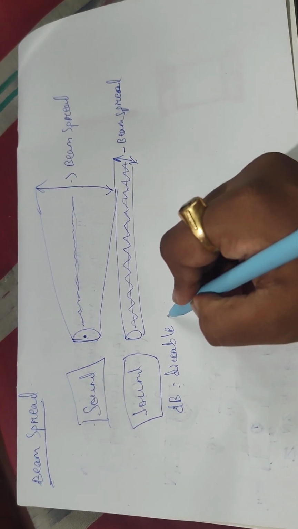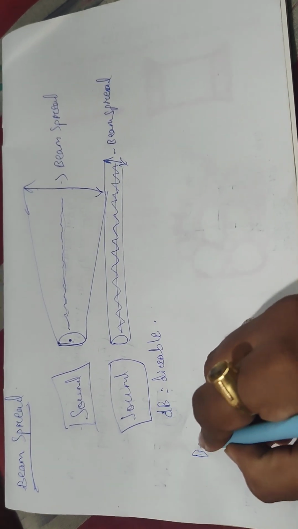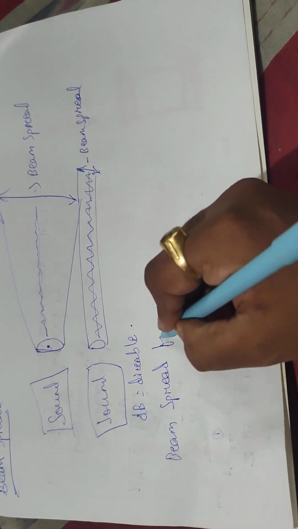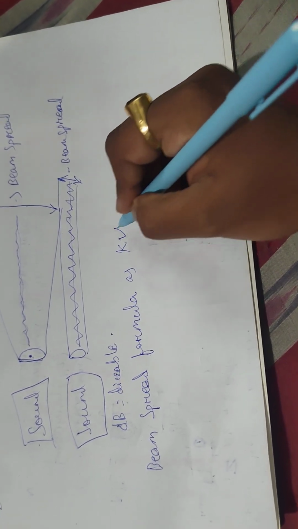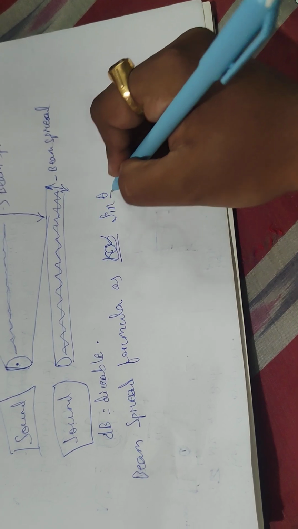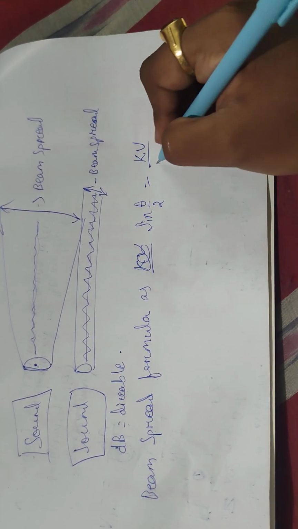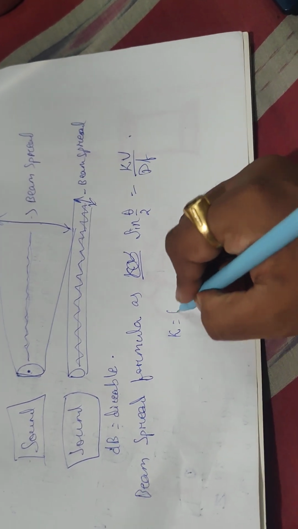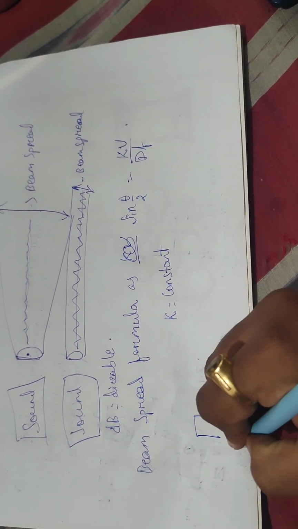From the beam spread formula, sine theta by 2 is equal to kV upon df. Here k is a constant. It depends upon the material and the angle.